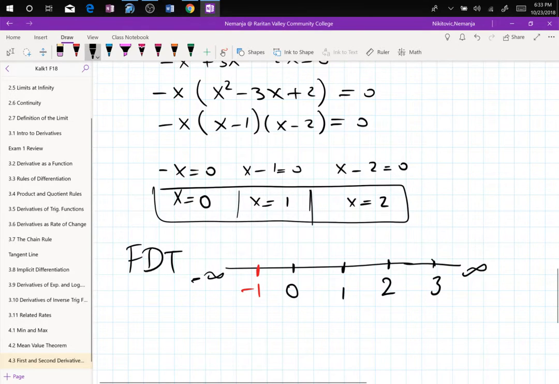Who cares? What else? Which number should I pick between 0 and 1? 1/2. And how about between 1 and 2? 1.5, which is known as 3/2.